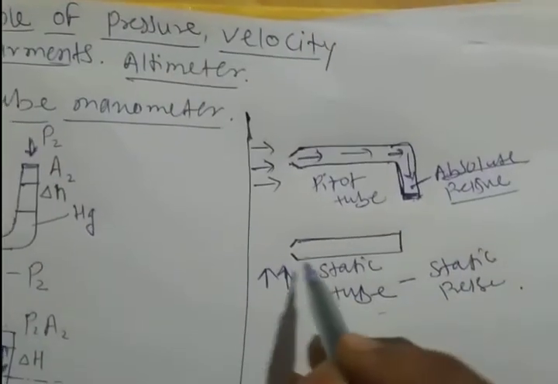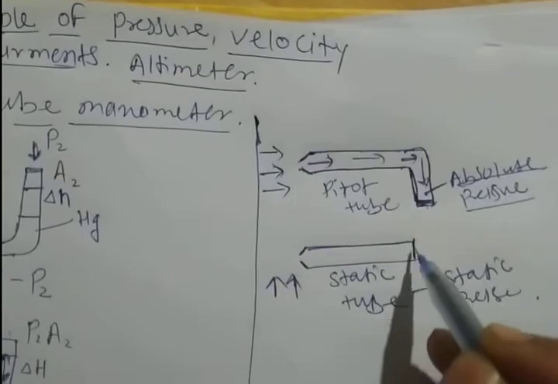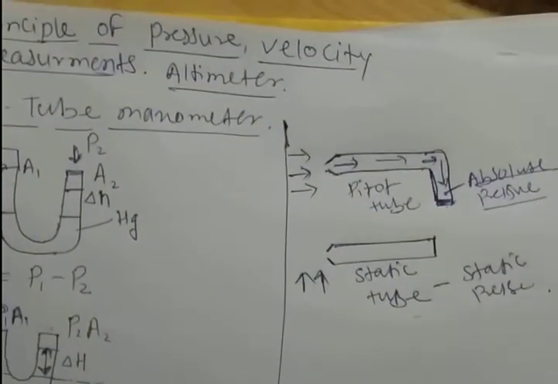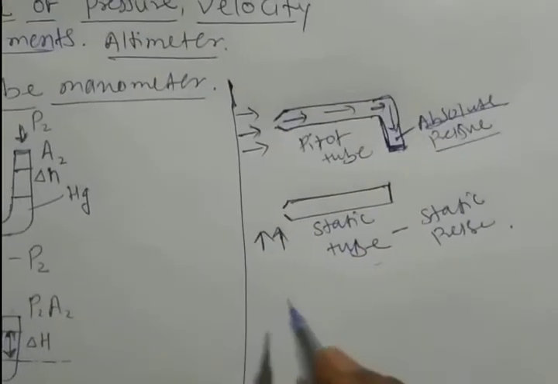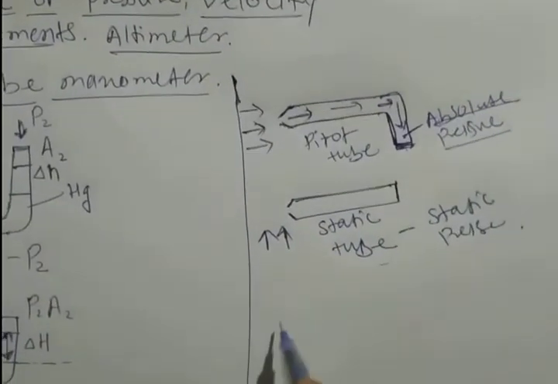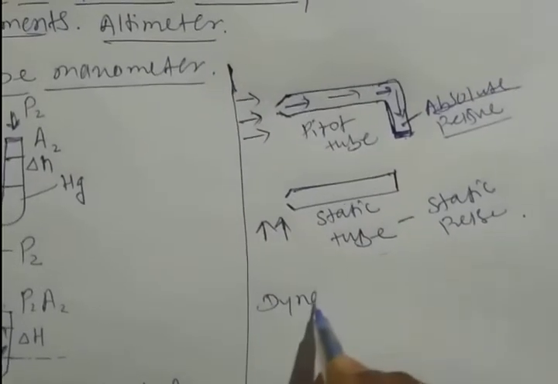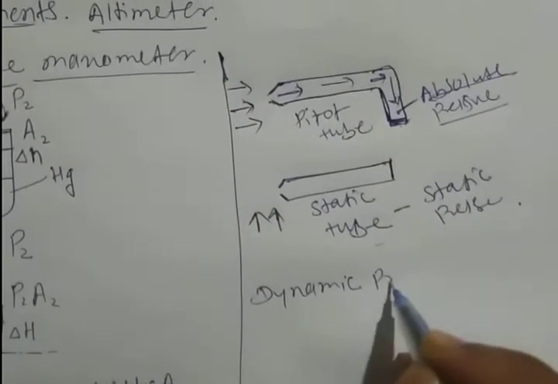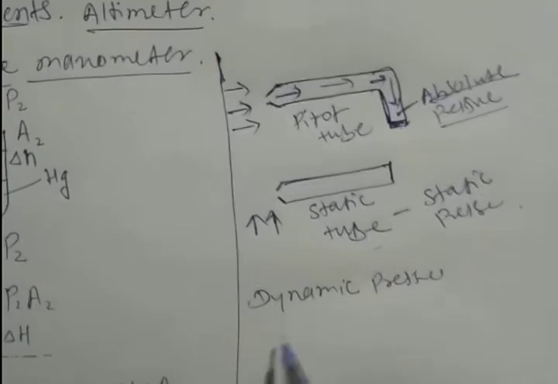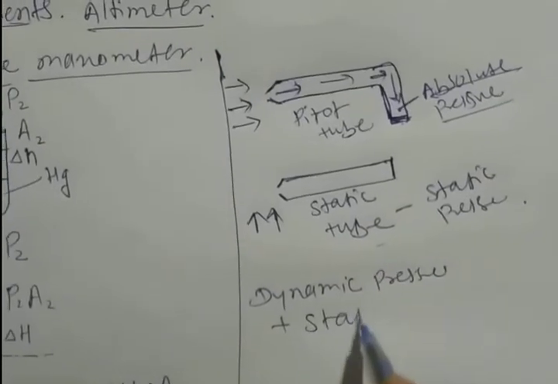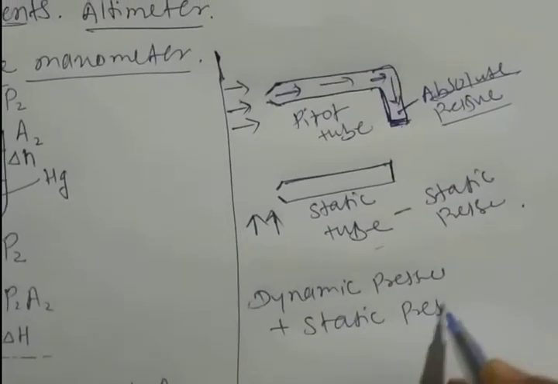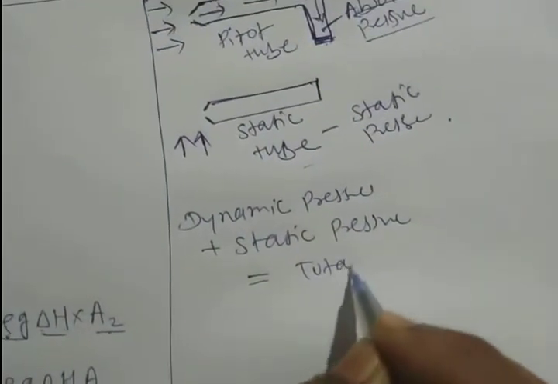So whatever pressure is measured in this tube will be the static pressure. So how do we calculate the velocity from this? We know the absolute pressure is the sum of dynamic pressure plus static pressure. This is equal to total pressure.